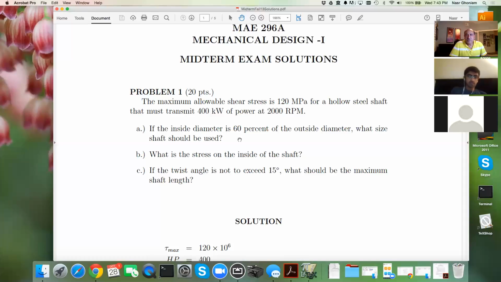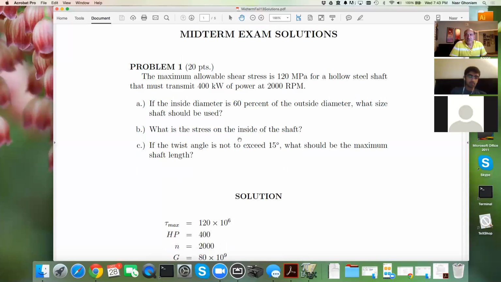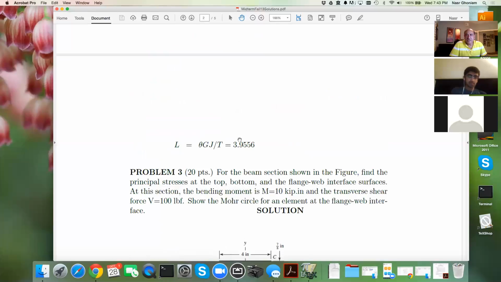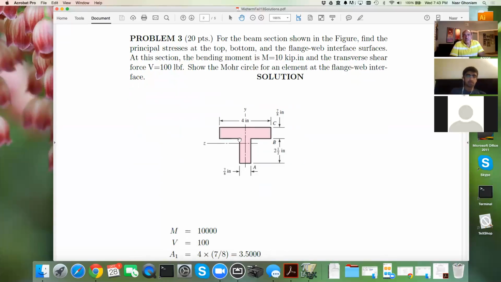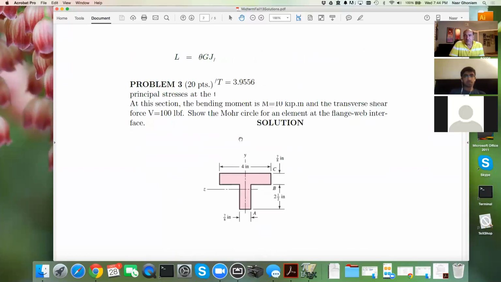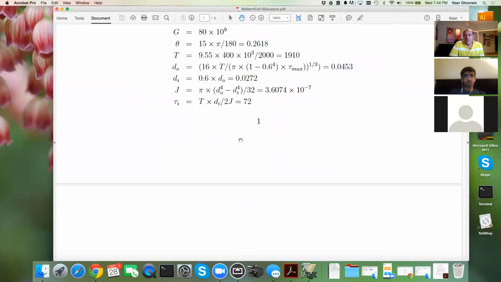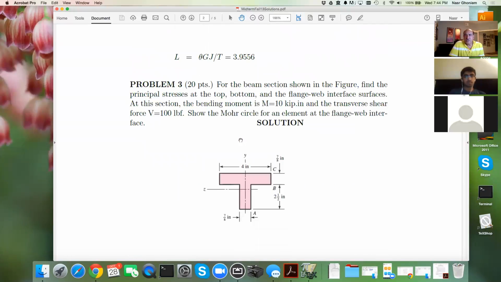If you look at this problem, it's not difficult, just a straightforward application on the stress. The second problem that I wanted to review here is an application of beam bending. So the first problem is a stress problem, and the second is also stress.